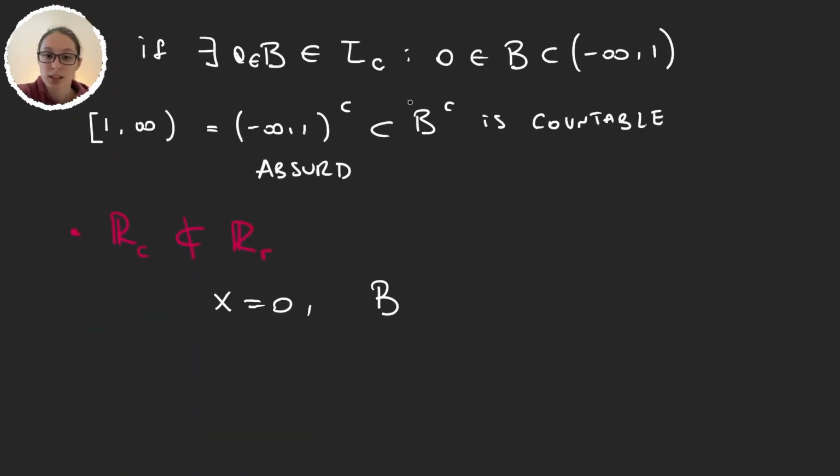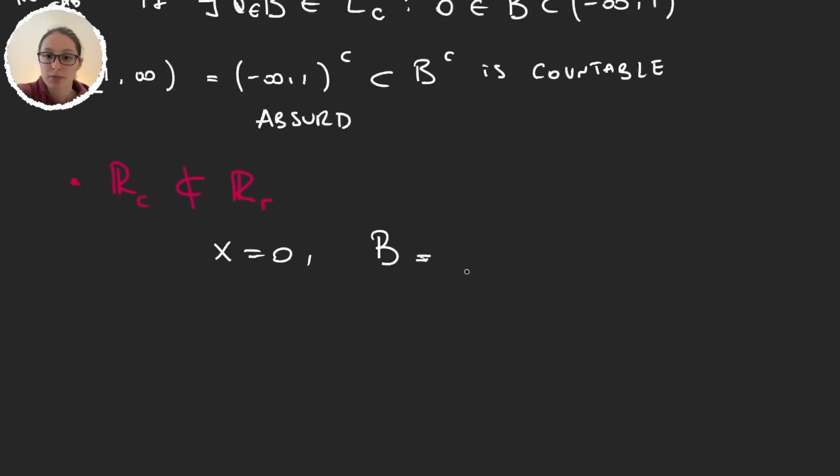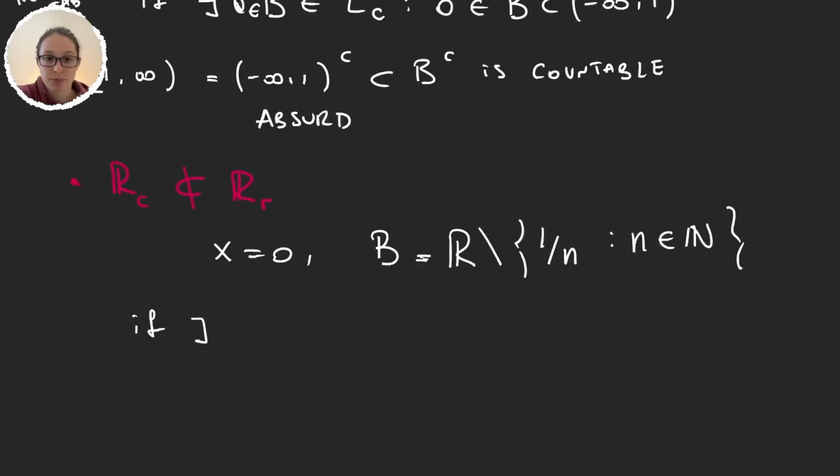So the set that I can take is B, the real numbers, except, for example, 1 over n for n a natural number. This is a neighborhood of 0 in the countable complement topology. But if there exists A such that (minus infinity, A) is contained in B, then this one has to contain the 0.